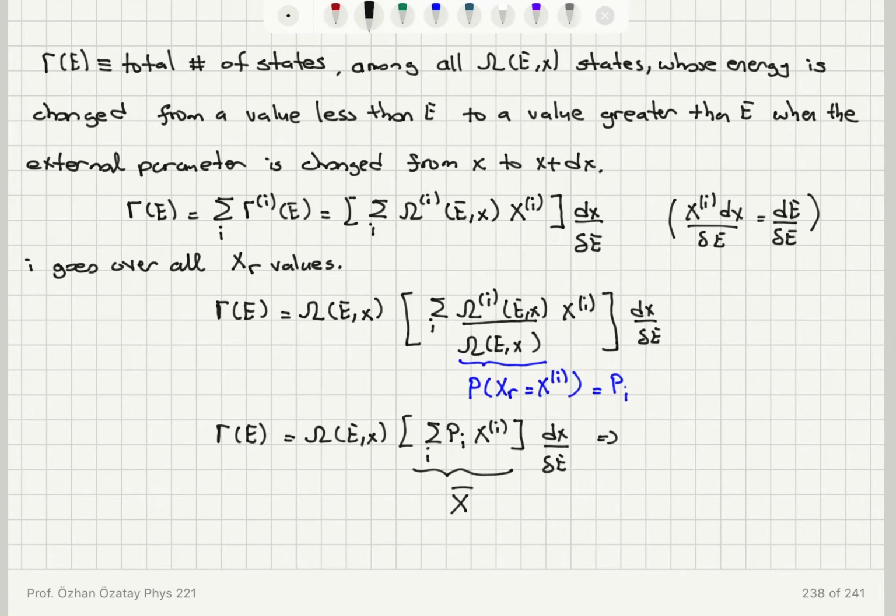So we find that the total number of states entering this region is the total number of accessible states divided by delta E, multiplied by the mean value x bar dx. So basically this looks like rho, and this is the change in the mean energy of the system.